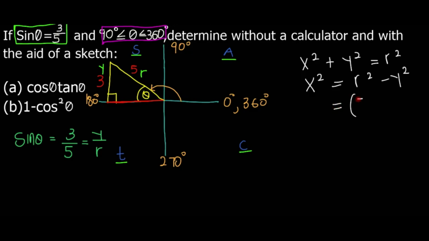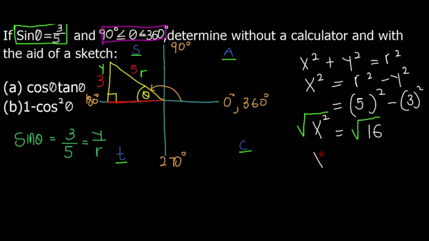Our r is 5, and our y is 3. So from here we get 16, so this is x squared, and then we want x. This means we will square root both sides.